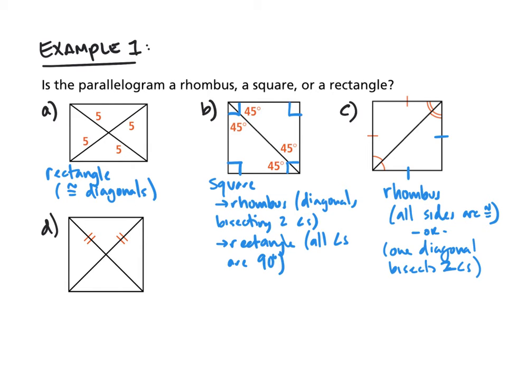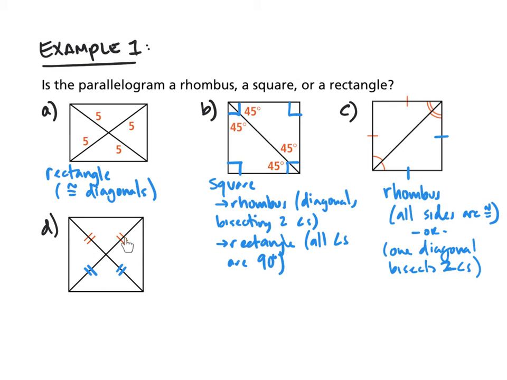And since we know this is a parallelogram, we know that the diagonals are actually bisecting each other. So these other two parts would have these same markings, because each diagonal is cutting the other one into two congruent parts. And so now we can see something that looks an awful lot like what we had in A, that we don't have the actual numbers, but we can see that whatever measurement this is right here, it's the same thing for all four of these parts of the diagonals.